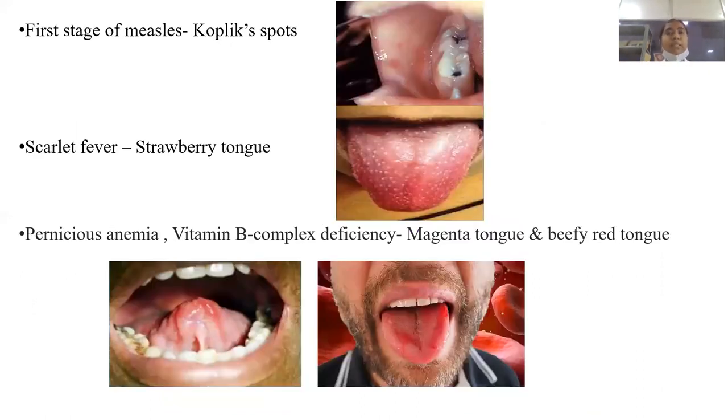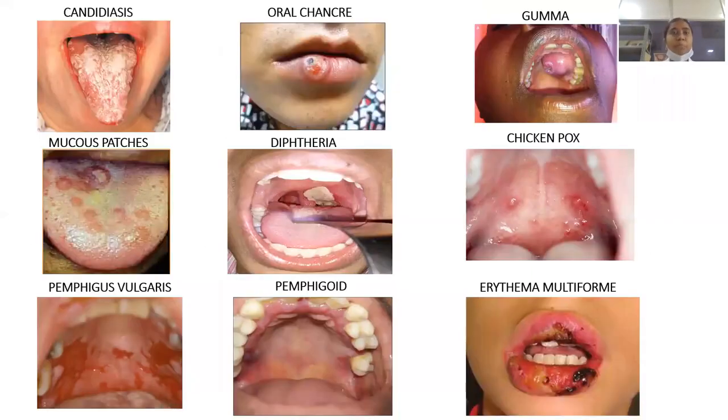The first stage of measles reveals Koplik spots in the oral mucosa, which can be seen here. Scarlet fever leads to strawberry tongue, seen here. Pernicious anemia, vitamin B complex deficiency, magenta tongue and beefy red tongue can also be seen in this picture. Anemic patients can also reveal some signs in their oral mucosa.